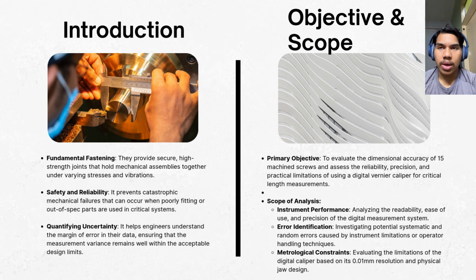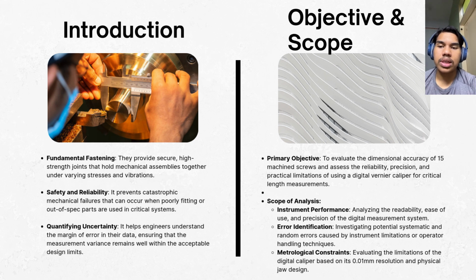Because when we do the study, they provide secure and high strength joints that can hold mechanical assemblies together under varying stresses and vibrations. Basically, for mechanical related problems, we usually deal with machines. Machines usually vibrate at high speed, and they produce a lot of force. So we need the fastener. That is why we need to measure it properly.